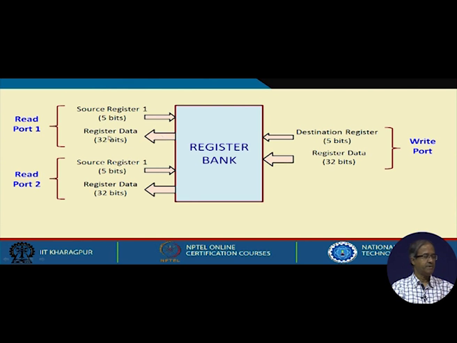On the other side there will be a write port which also will specify the register number where to write and also the data that is to be written. As I said, write will happen in the first half of the clock and the 2 reads will happen during the second half of the clock. So, by using this simple convention and this modification to the register bank, we can avoid this conflict also.